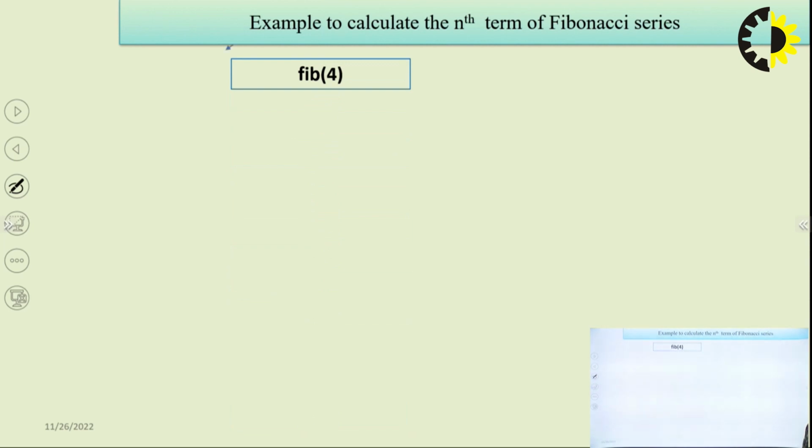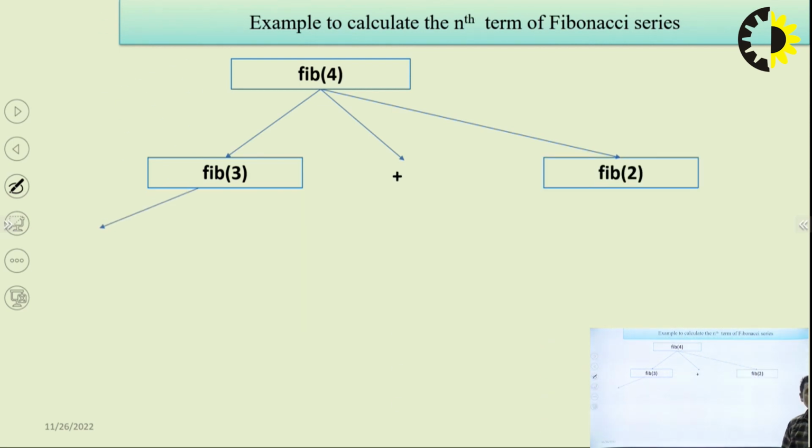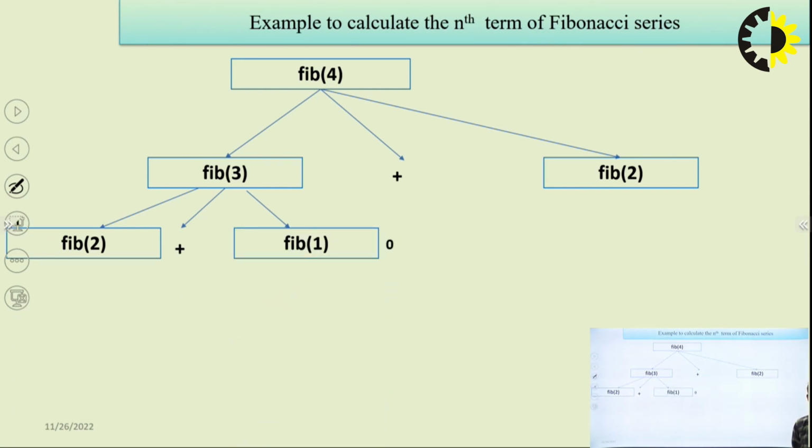We can understand with fib 4. Fib 3 plus fib 2 is a recursive call. Then again fib 3 generates a recursive call, this is fib 2 plus fib 1. Now fib 2 and fib 1 are the base cases. For fib 1 we get the 0, 0 comes here, and the value of fib 2 is 1, base case, so the base cases return 1 and 0.